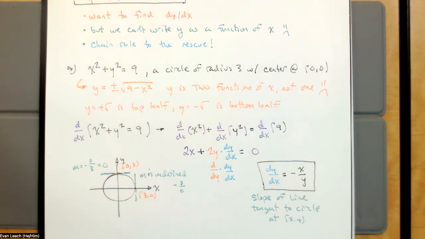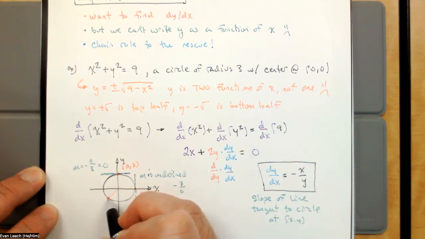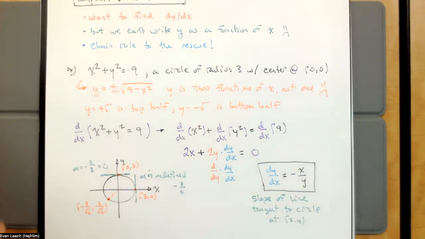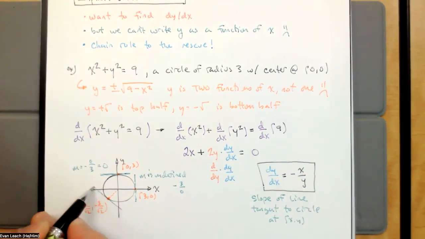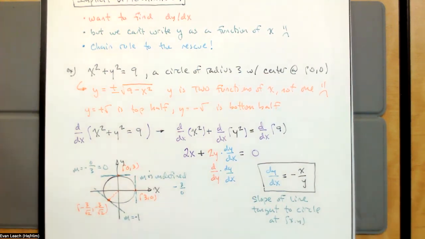So that tracks. If we look at that point in the third quadrant at 225 degrees, where x equals y, we have a slope also at 45 degrees, and our slope is equal to negative 1, because the x and y are the same, and then we have the negative 1 from subtracting.